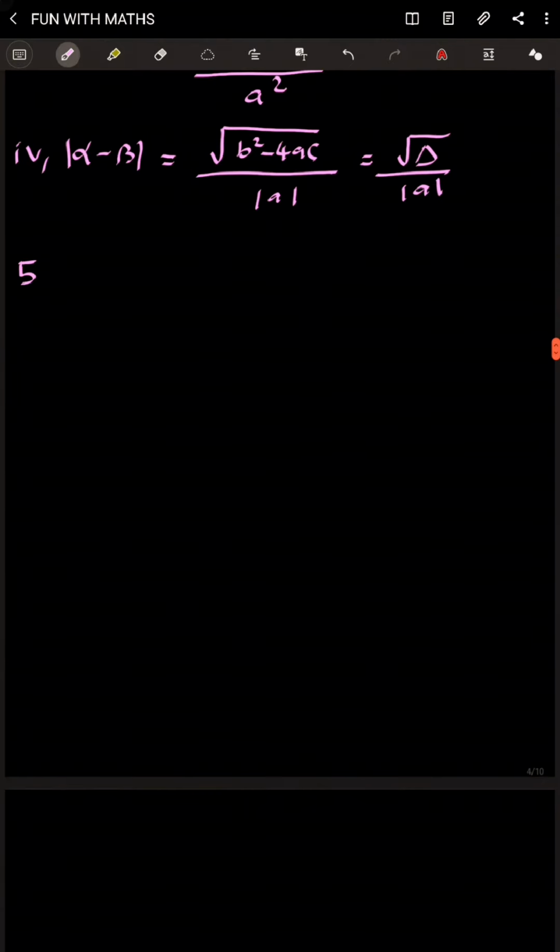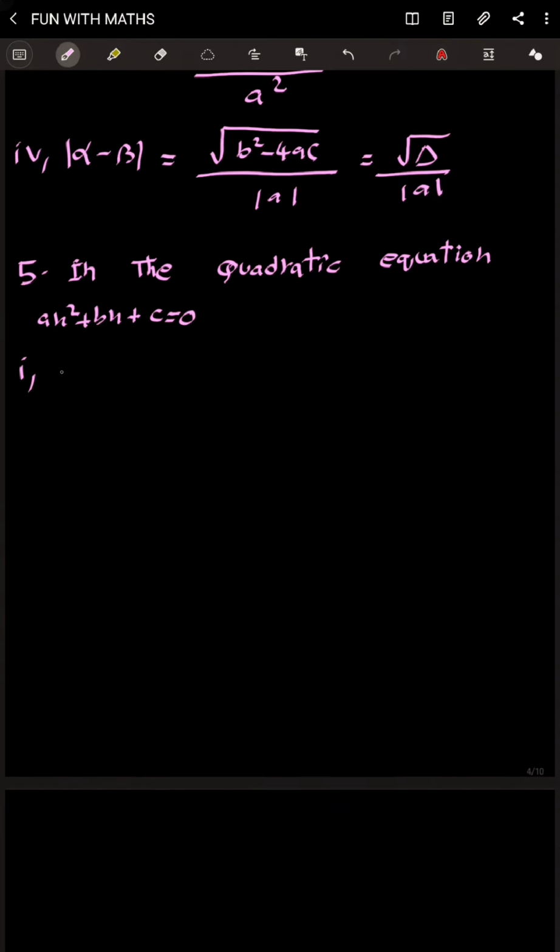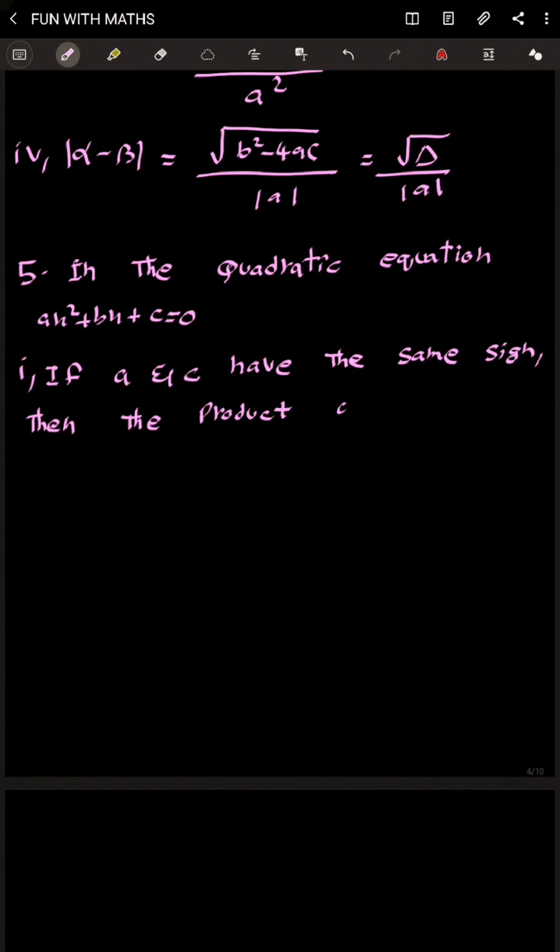And next one, it's 5. In the quadratic equation ax square plus bx plus c equal to 0, number 1, if a and c have the same sign, then the product of the roots c by a is positive.